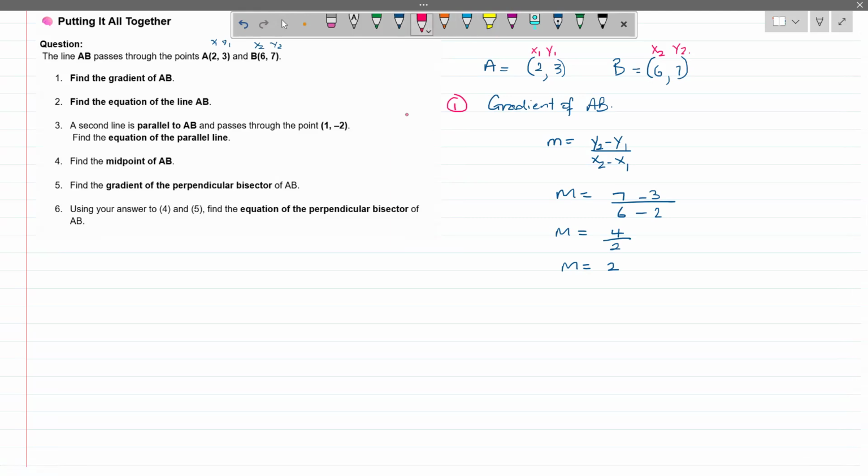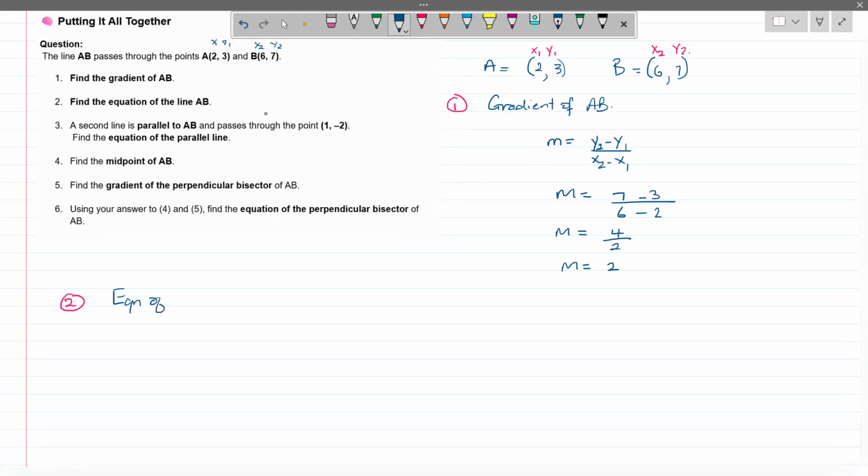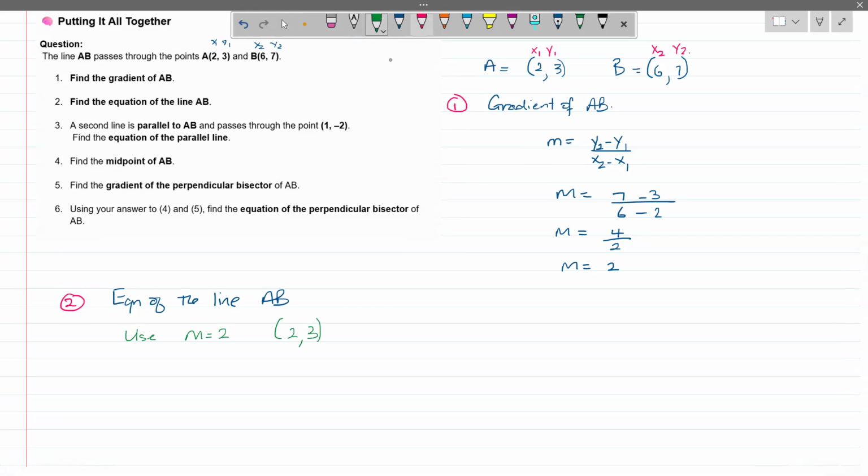Part 2, they want the equation of the line AB. So we have, using m to be 2, and we could use the point (2, 3) to provide x1, y1 values.